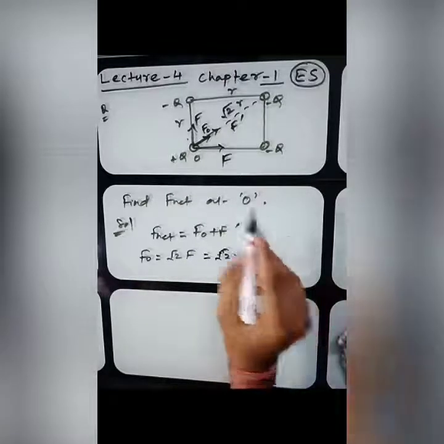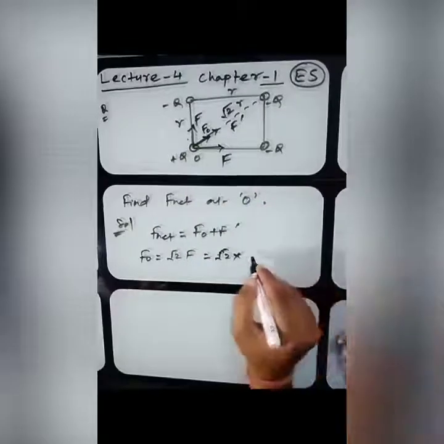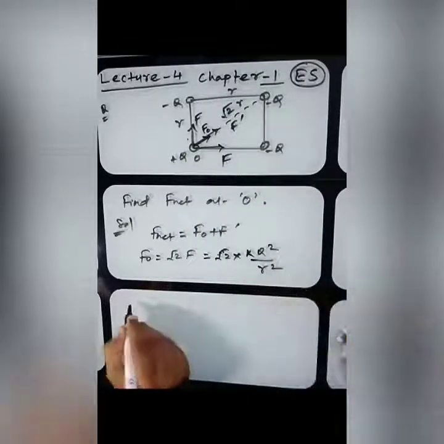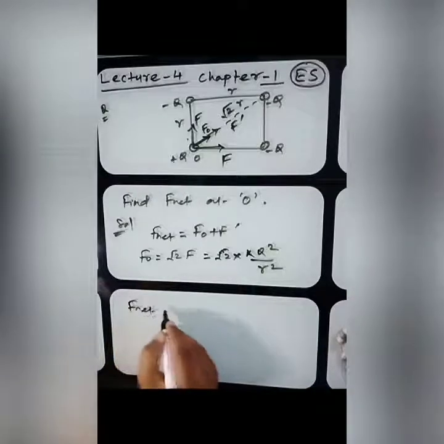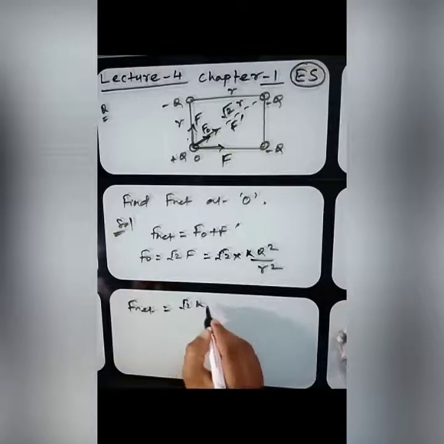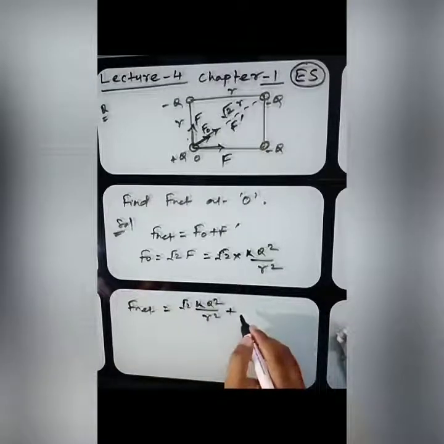So root 2 times F. F is the force between any two charges. It is k q square by r square. So the F net, you can write here as root 2 times k q square by r square plus F dash.